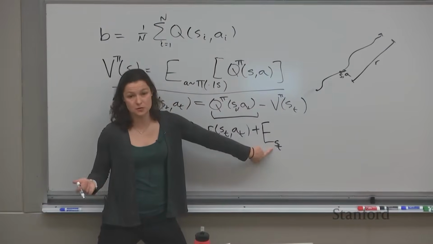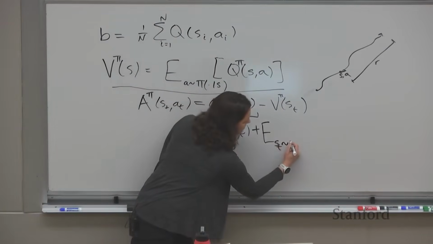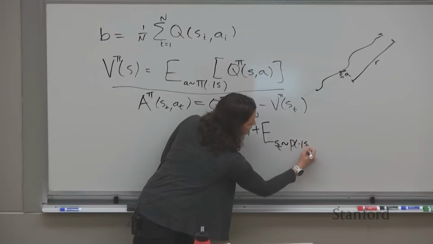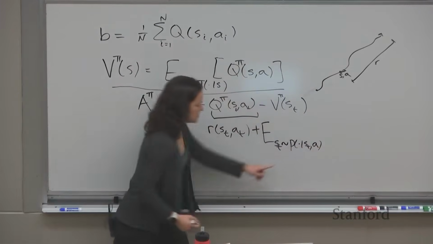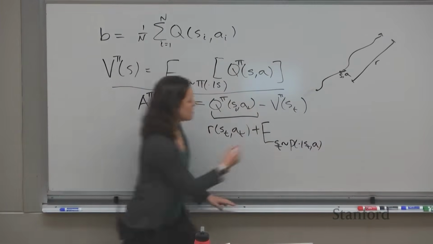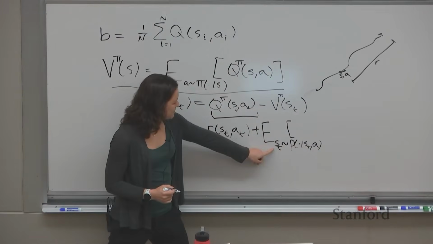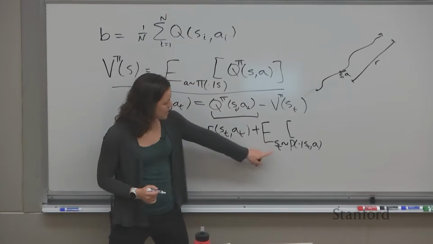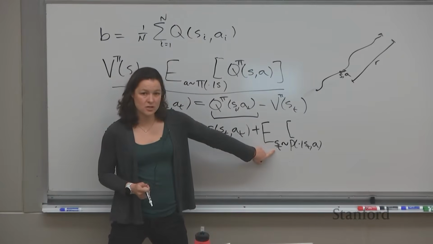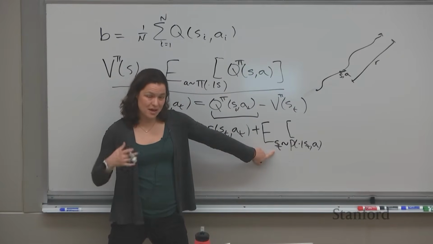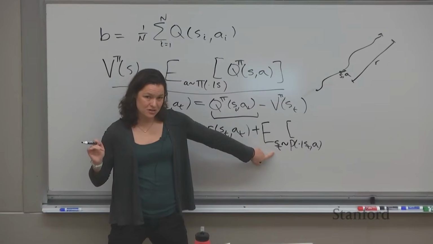This next state could be a few different things depending on your environment, so it would be sampled from the dynamics of the environment. After this state, it's the sum of rewards starting at s_{t+1} and following your policy.